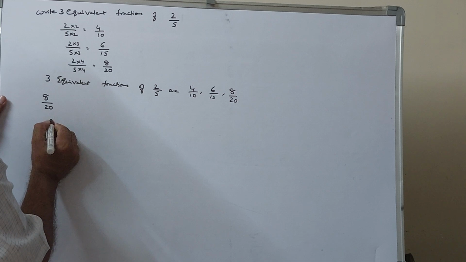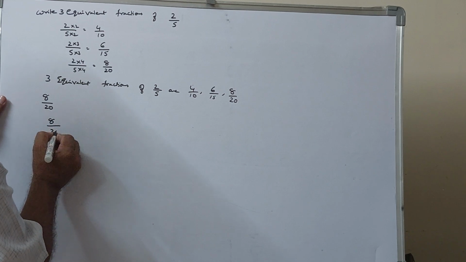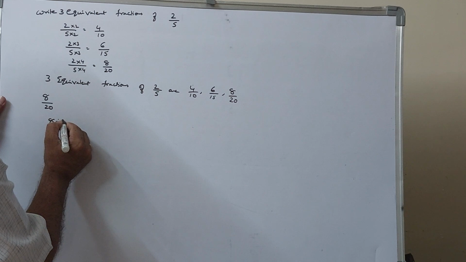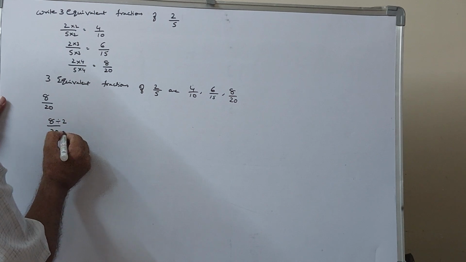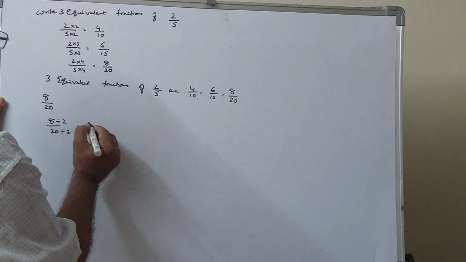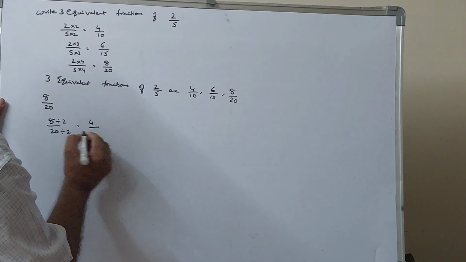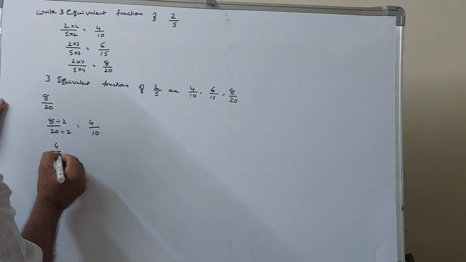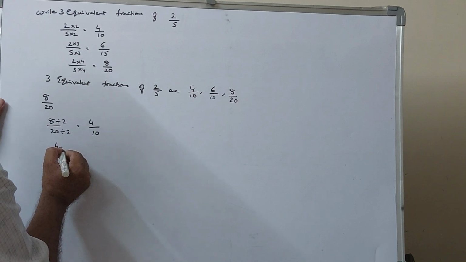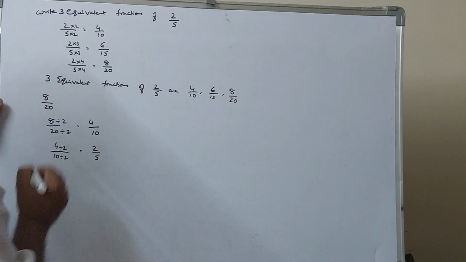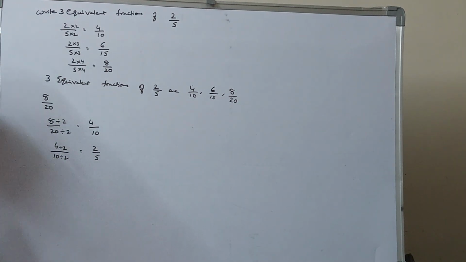You can write it like this also: 8 by 20 divided by 2 divided by 2 is equal to 4 by 10. 4 by 10 divided by 2 divided by 2 means 2 by 5. So you can write it like this also.